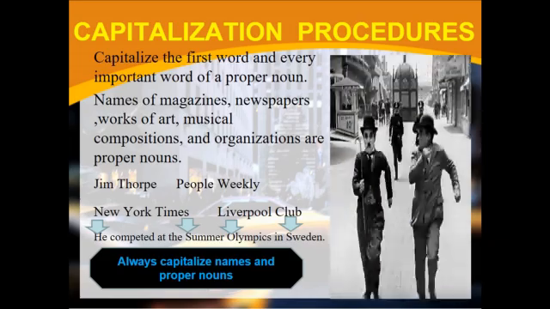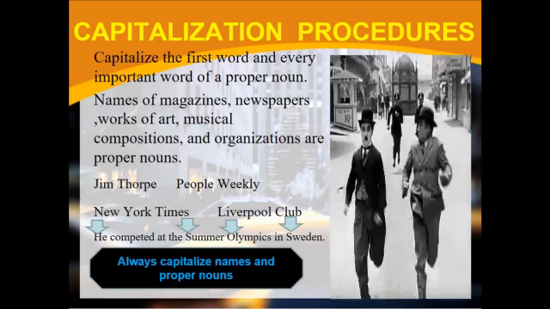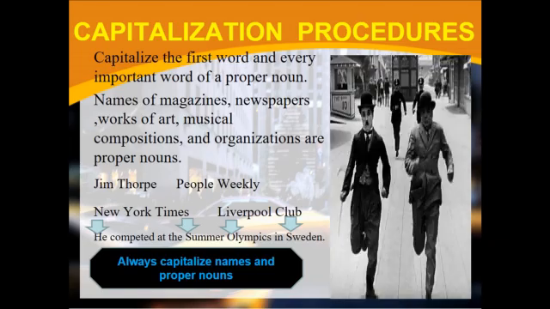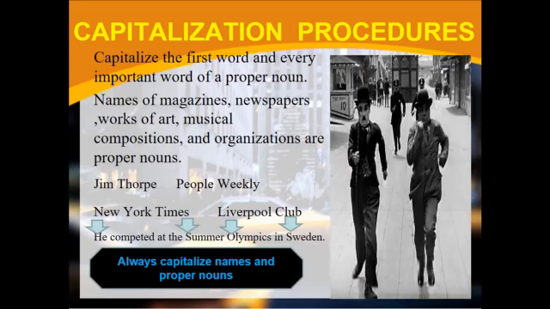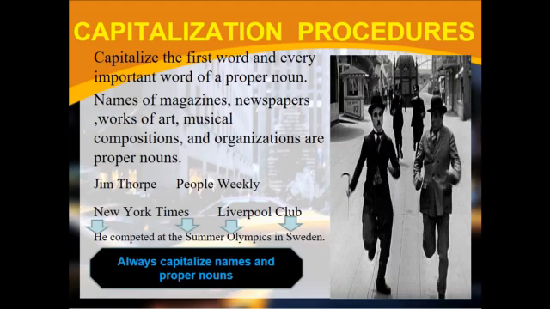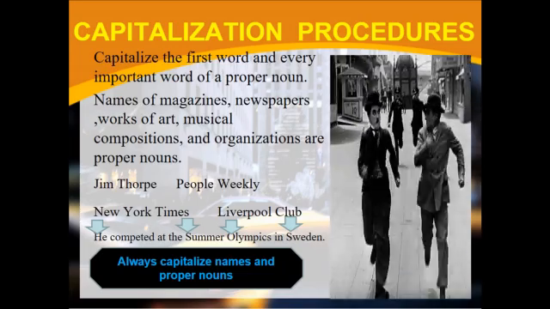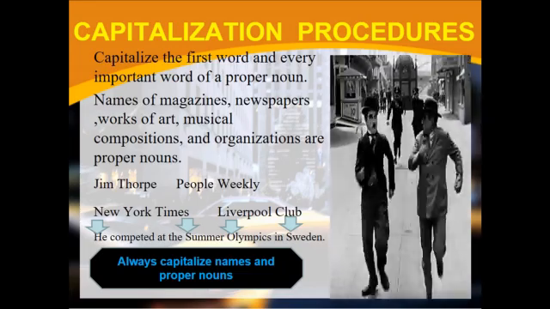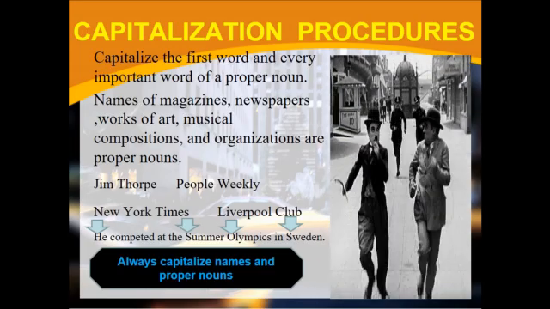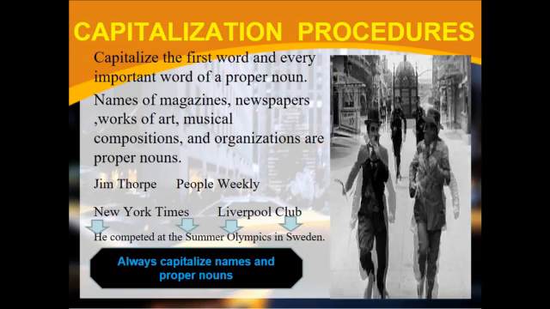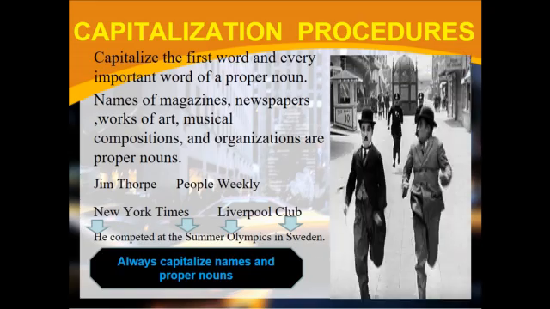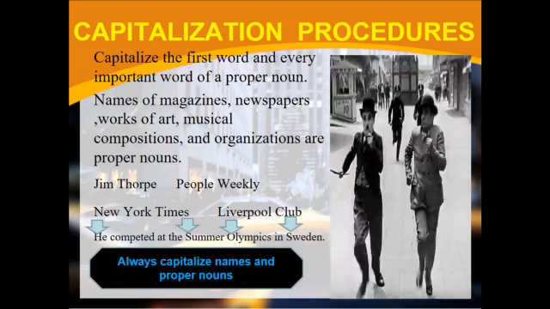In a sentence, "He competed at the Summer Olympics in Sweden." The first word, He, the letter H is capitalized because it begins the sentence. A proper noun can have more than one word. Now, Summer Olympics is a sport event. Therefore, we capitalize the first letter of each of these proper nouns.